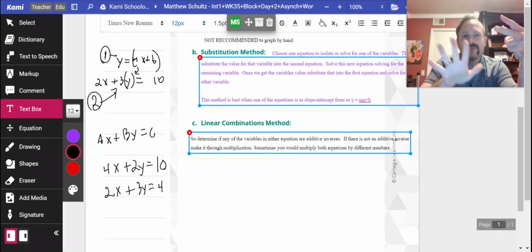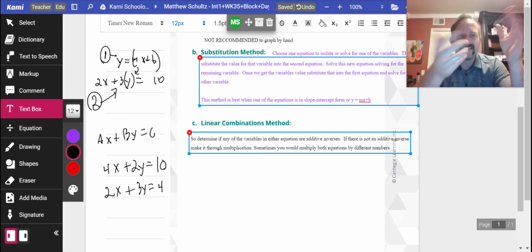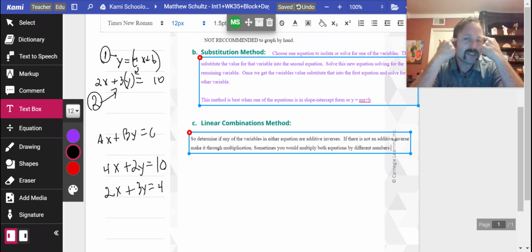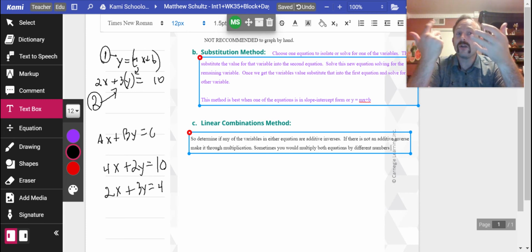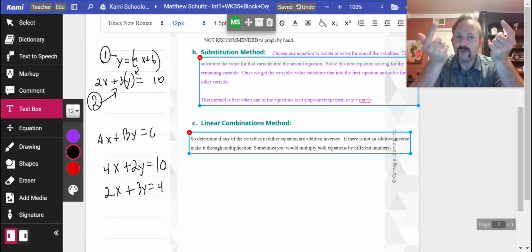So if you had like 2 and 5, you'd multiply the top one by 5 and the bottom one by negative 2, and you get 10 and negative 10, and add those together, gone. But in this case, we would just have to multiply the bottom one by what number? 2x times what will equal negative 2x?